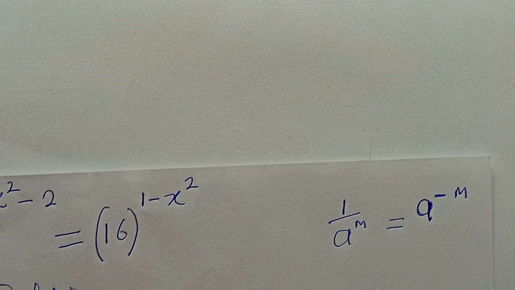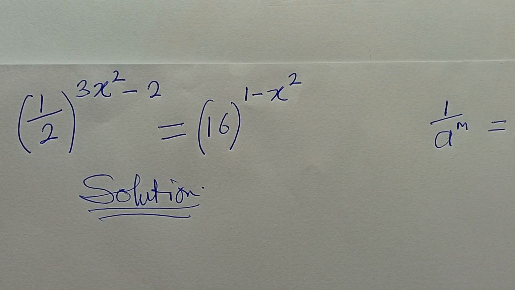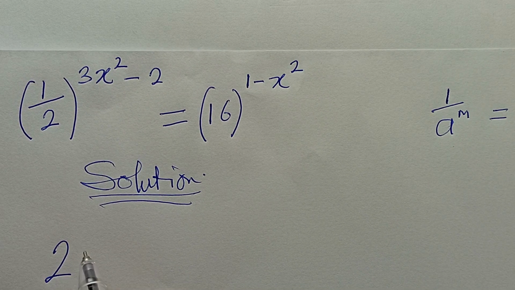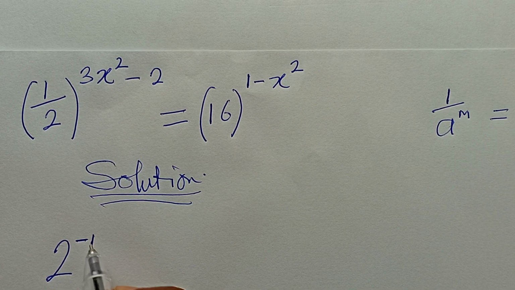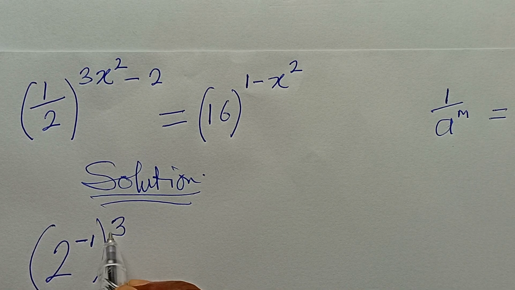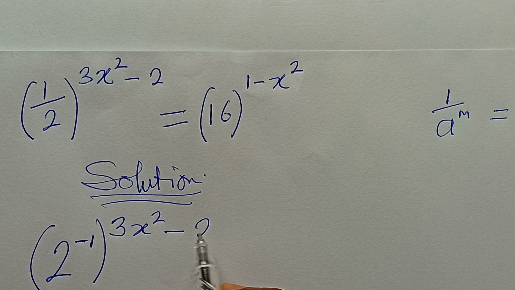So if we apply this rule, we can rewrite this side of the equation as (2^(−1)) all raised to the power of 3x² − 2.